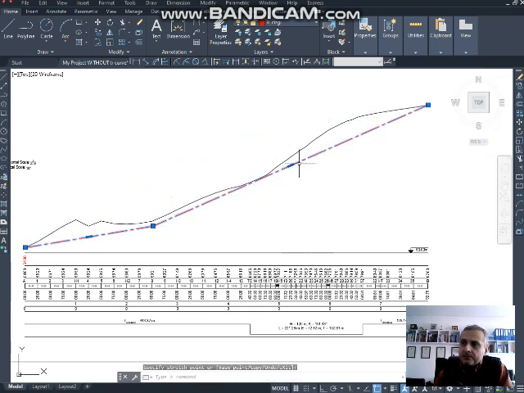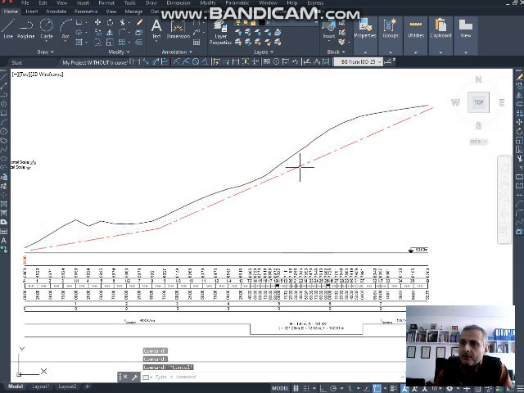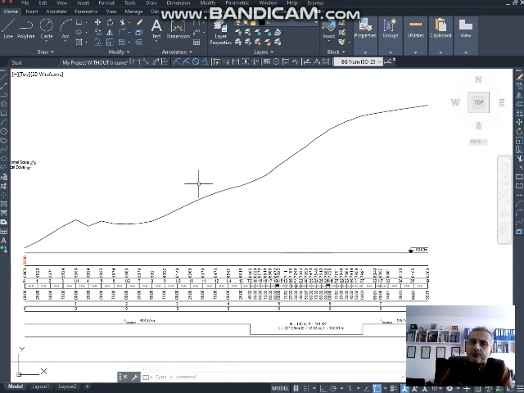This is also possible. The second thing is to observe earthwork quantities so that cut and fill must be close to each other. Cut volumes and fill volumes must be close.